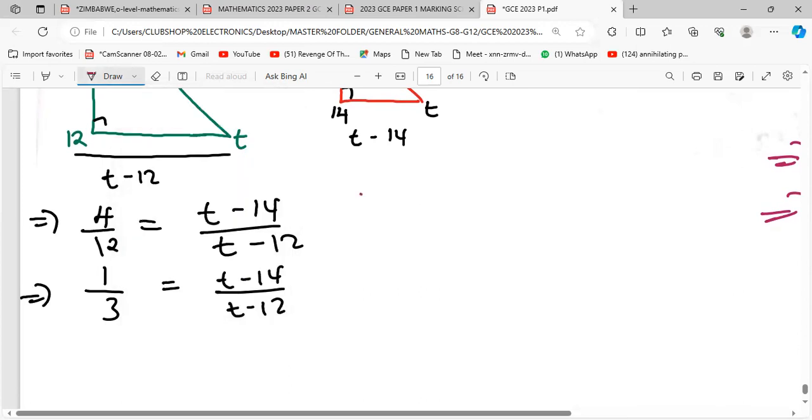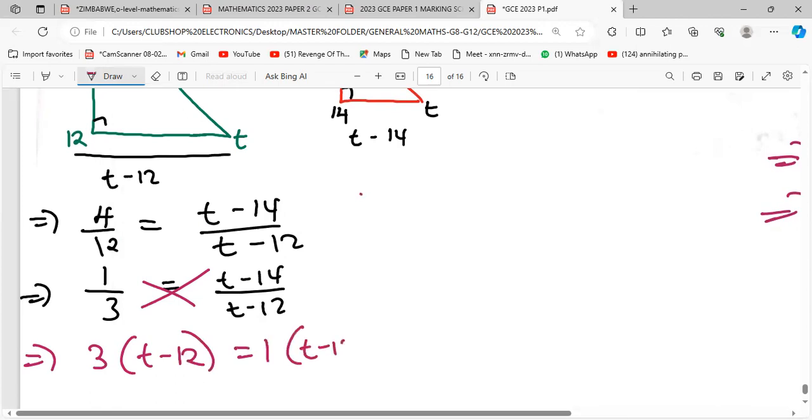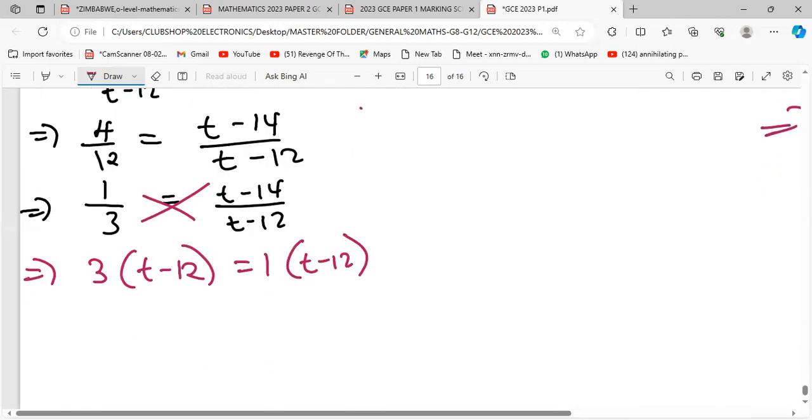All right, so to cross multiply, it will be 3 open bracket T minus 12 is equal to 1 open bracket T minus 12 as well. 3T minus 36 is equal to T minus 12.